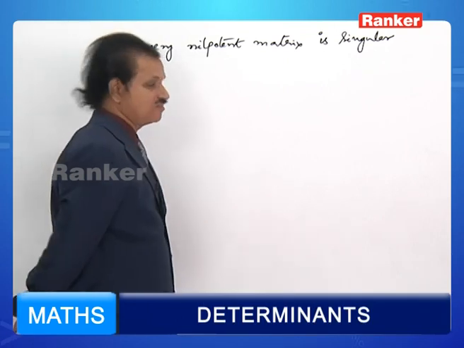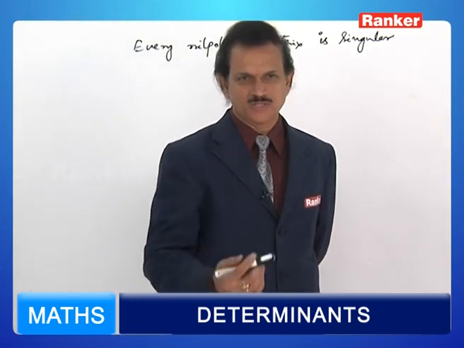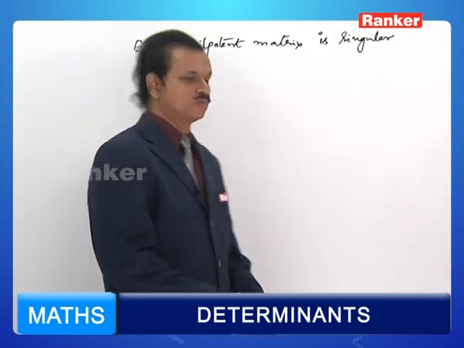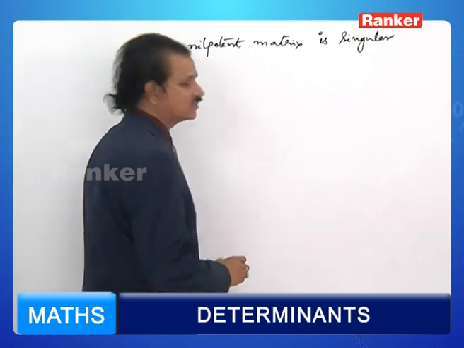To observe its nature and to agree with that statement, we must be able to recall the definition of a nilpotent matrix. What is meant by a nilpotent matrix?